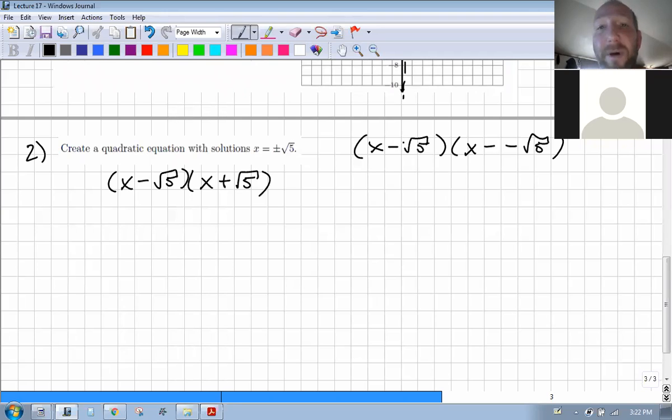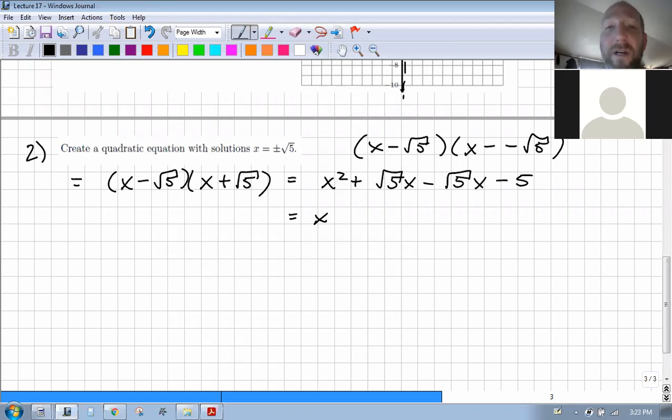So x minus a positive √5 and x minus a negative √5. Okay, which is the same thing. If we multiply this out, x squared plus √5x minus √5x minus 5, or x squared minus 5.